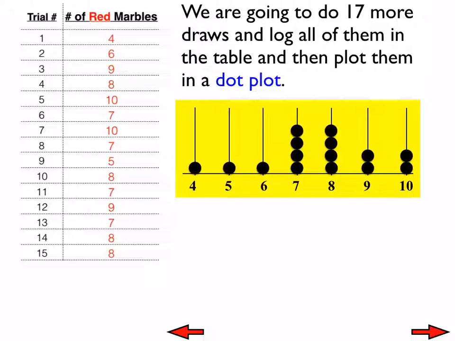And I know that we have 5 more trials, but as you look at your dot plot, it should start to become clear approximately how many red marbles we have.